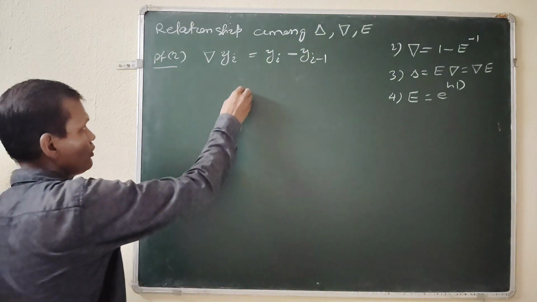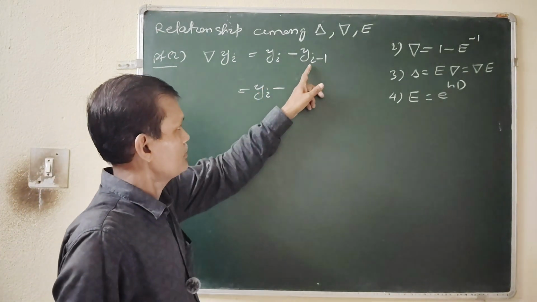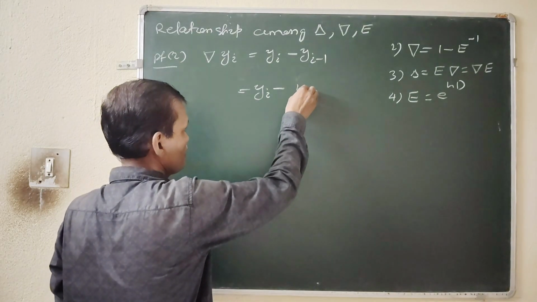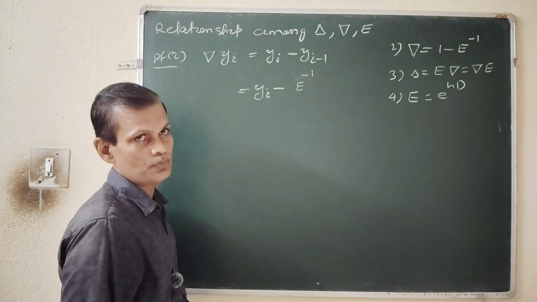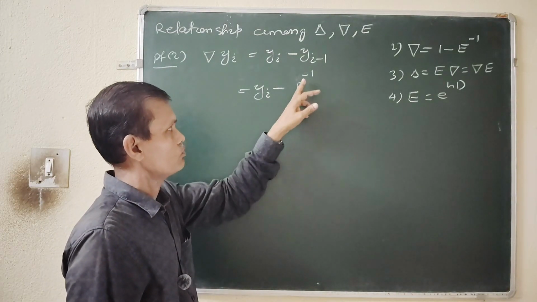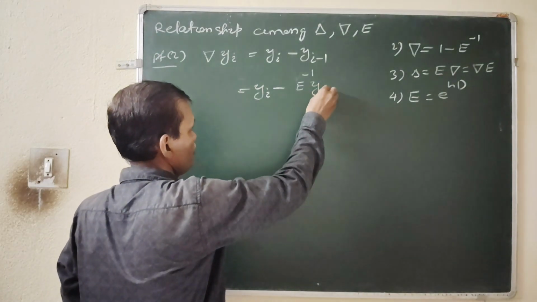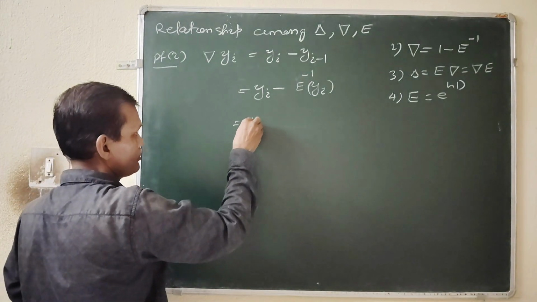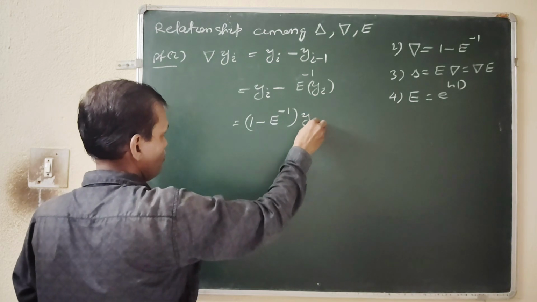This is shifted, but backward shifted, because it is yi minus 1. So we write it with E to the power minus 1: E to the power 1 means first order shift, E to the power 2 means second order shift, E to the power minus 1 means first order backward shift. So it is yi minus E to the power minus 1 of yi. Taking yi common, that gives (1 minus E to the power minus 1) yi.